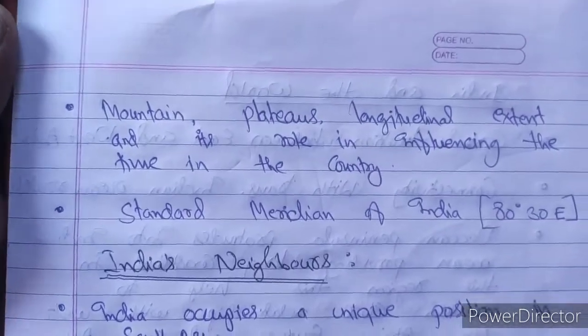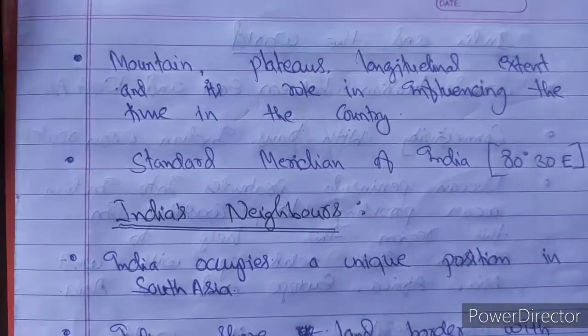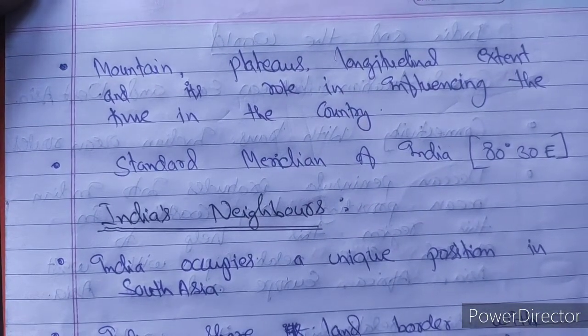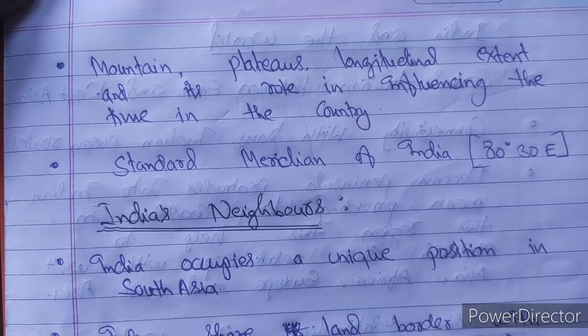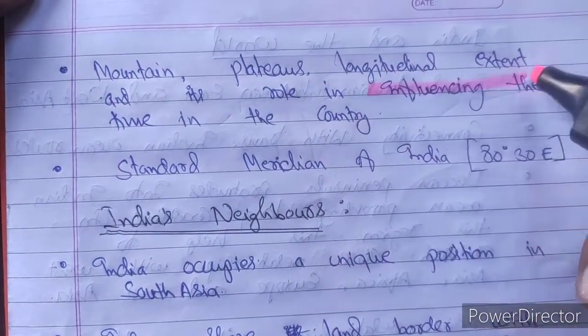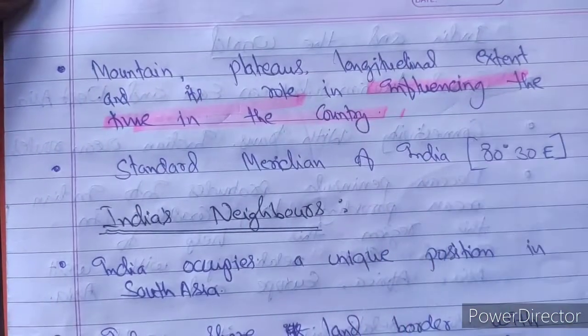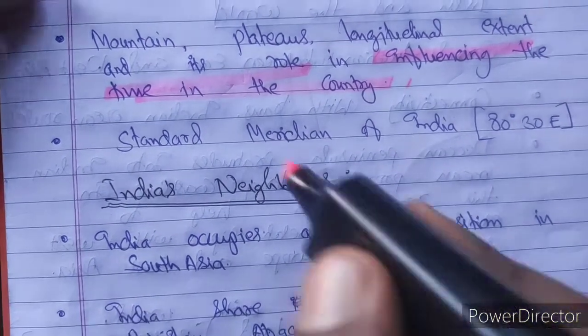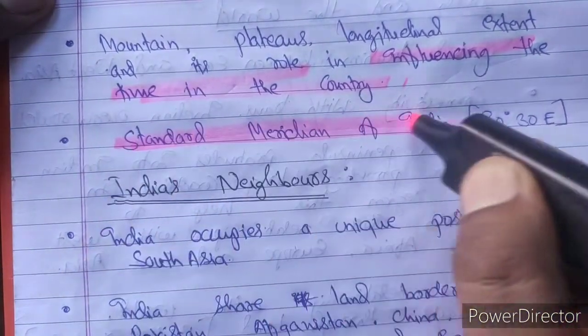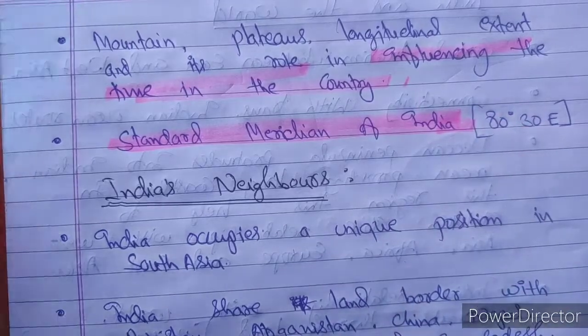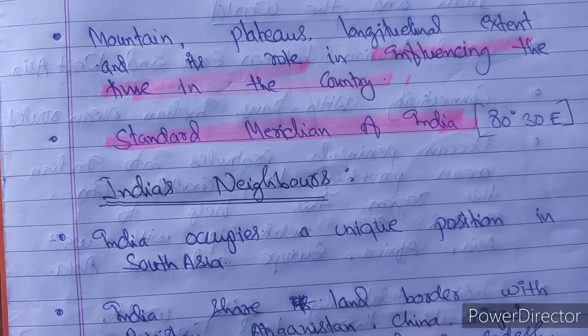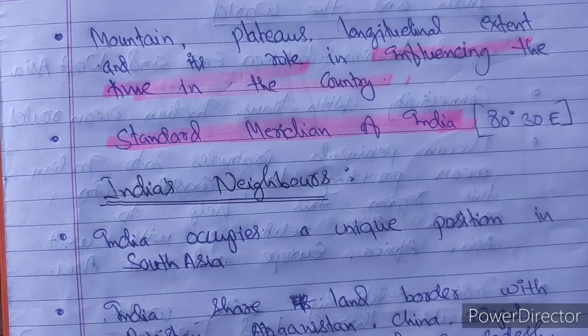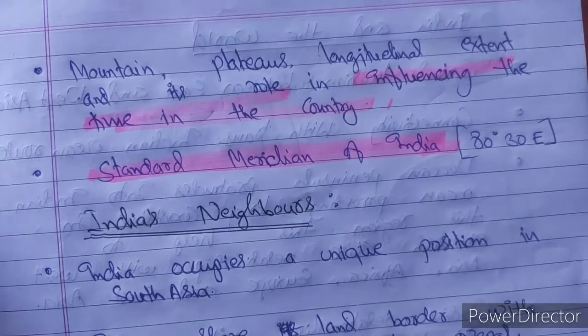Let us move further. Then mountains, plateaus, longitudinal extent and its role in influencing the time of the country. Under this topic, the main thing will be the standard meridian of India. We have seen the Greenwich line divides the world in two parts, the eastern hemisphere and the western hemisphere.